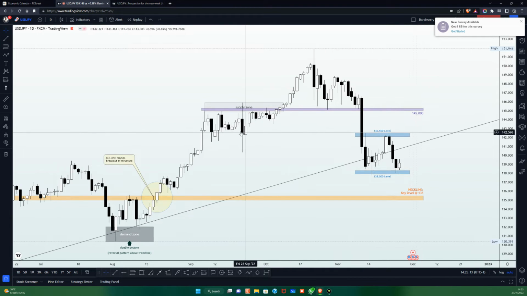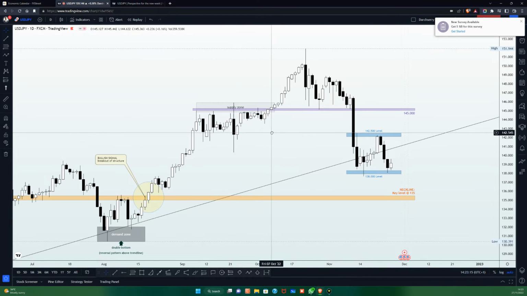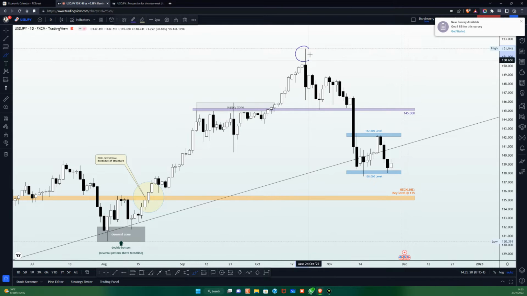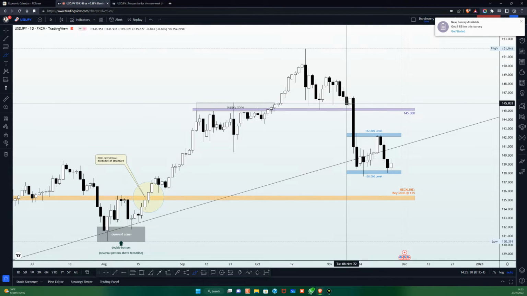Now, fast forward into the month of September, we saw how the 145 Japanese yen level was holding selling pressure at one point in time before we witnessed the final breakout of the structure during the first week of the month of October, bringing price to this level. And during the early days of this week, we saw a final breakdown of the 145 Japanese yen level as the dollar continued to struggle against the Japanese yen.